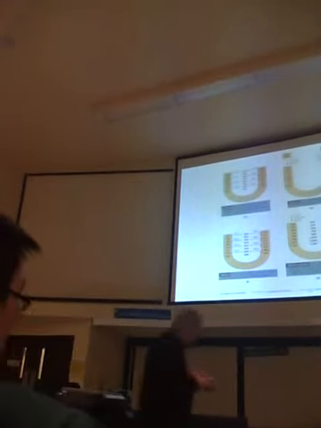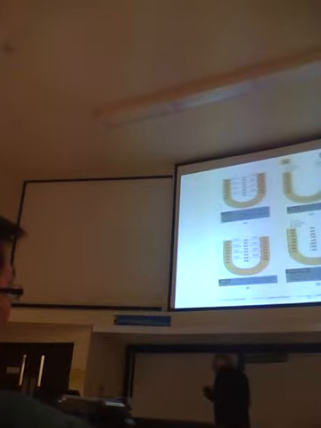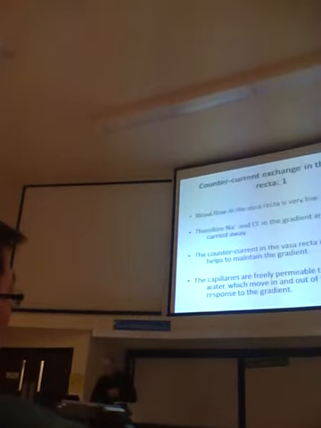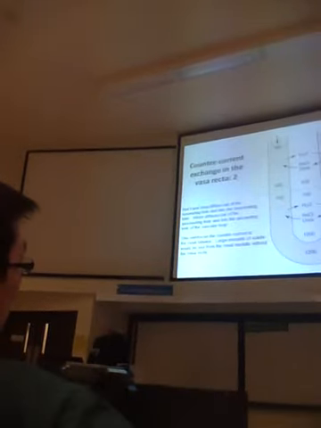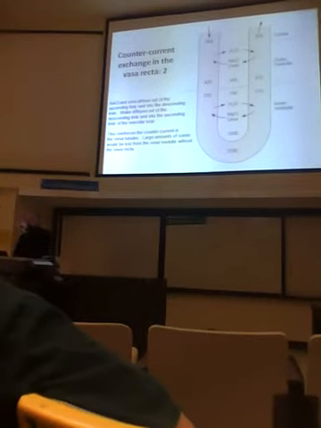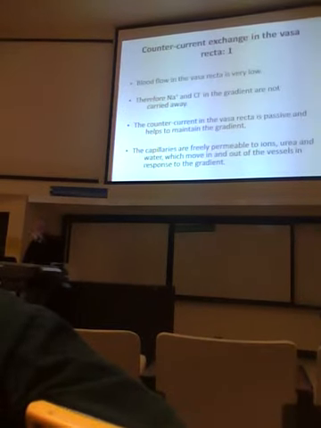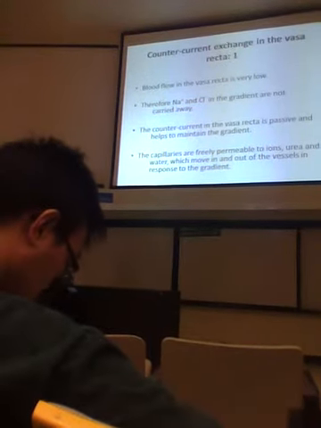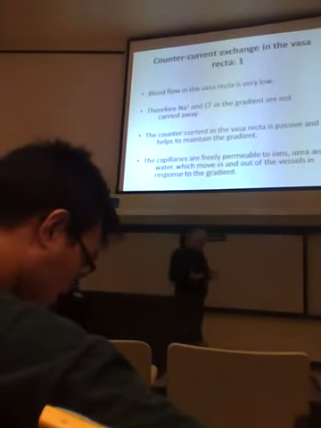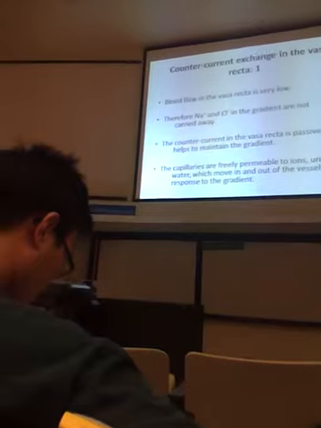So work through those two pictures and see if you can figure out how the gradient and the equilibrium are reached. And it's not only what's going on in the loop of Henle, but it's also what's going on in the vasa recta. So this picture now is the blood vessels surrounding the loop of Henle. Remember I said it's a special region of the peritubular capillaries.